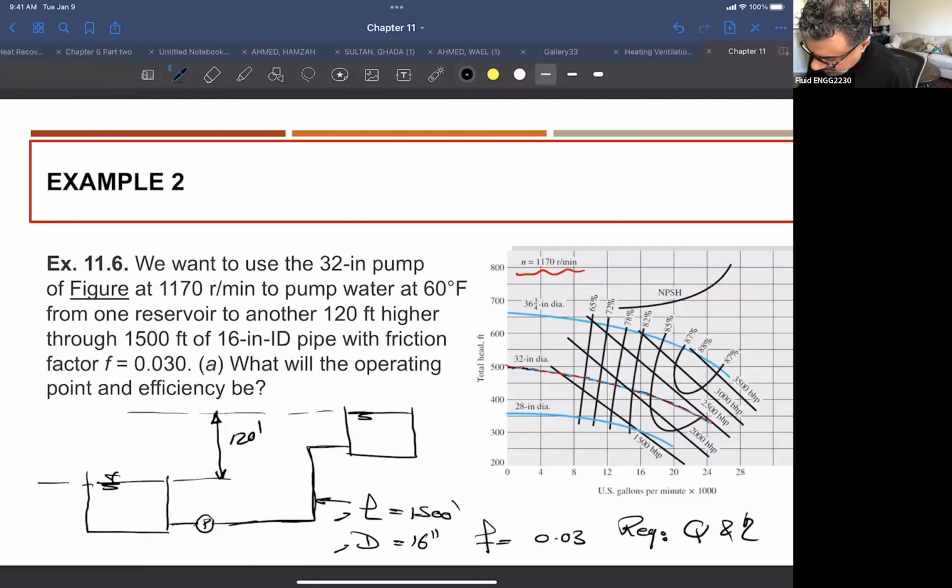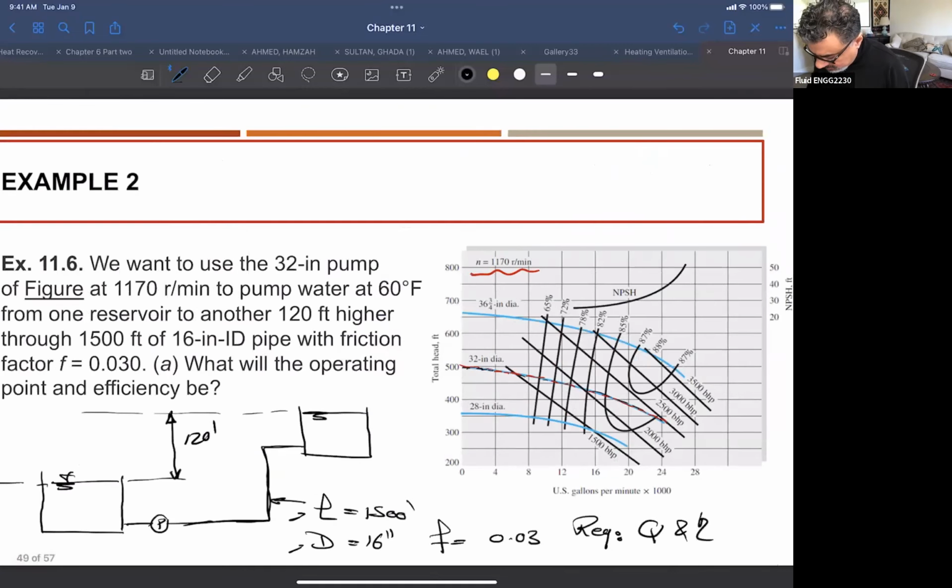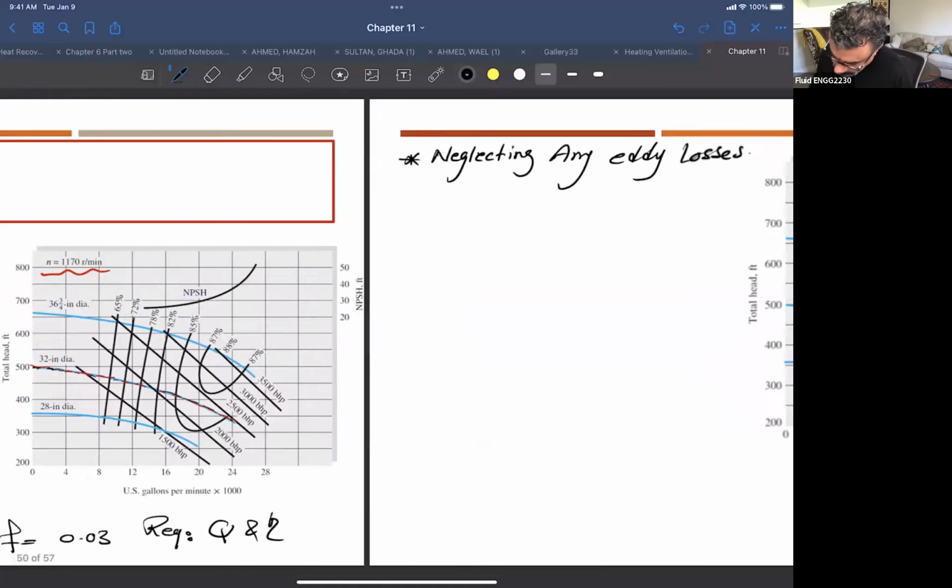So in this case, I can start by first neglecting any eddy losses. Now if I want to get the system curve, so this is 0.1 and this is 0.2.